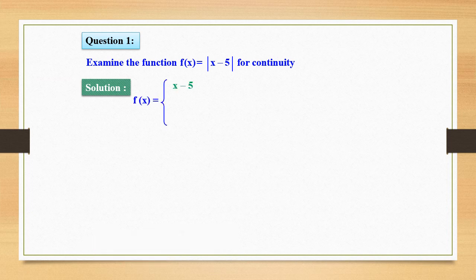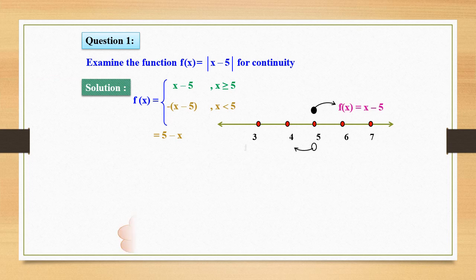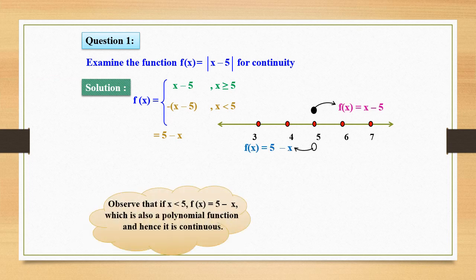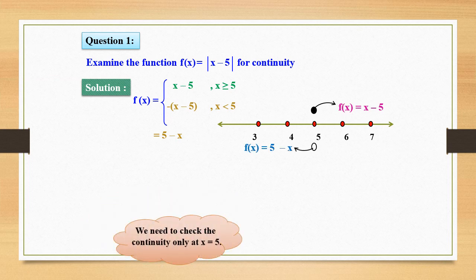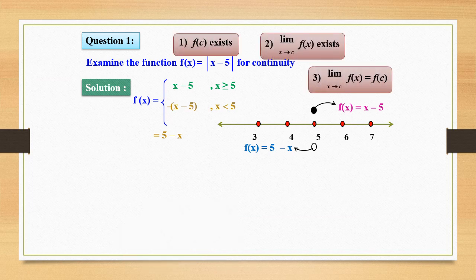So f of x is equal to x minus 5 when x is greater than or equal to 5, and minus of x minus 5 when x is less than 5. So on simplifying, we get f of x at 5 is equal to x minus 5.